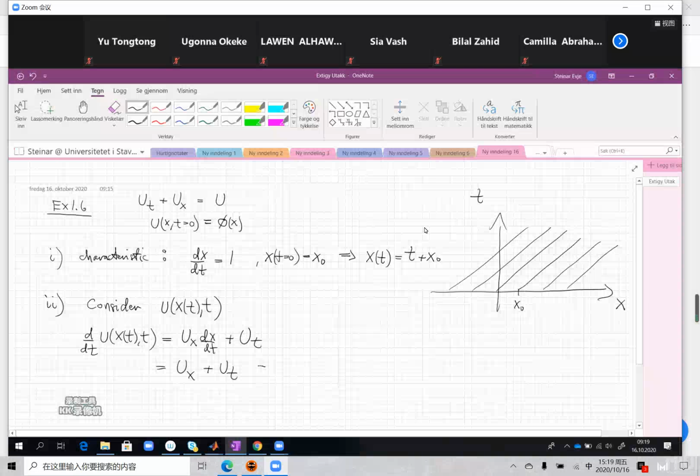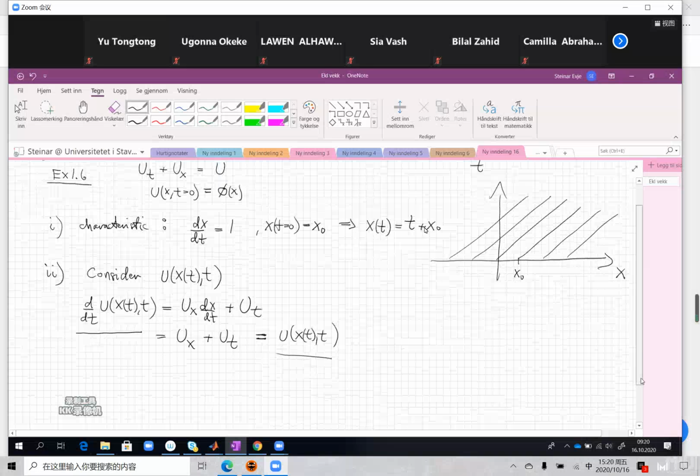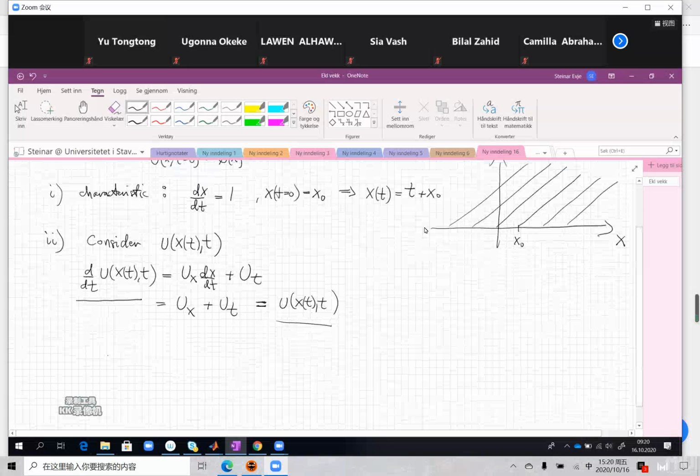But then, according to the equation, that should be equal to u(x(t), t). So when we compare the left-hand side and the right, we see that we have an ODE again, which can be solved by separation of variables.